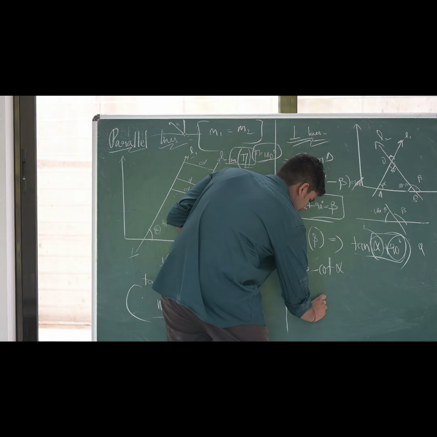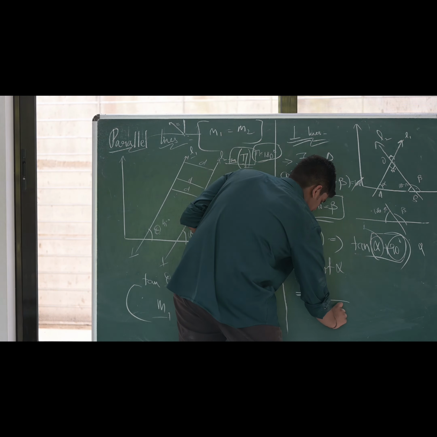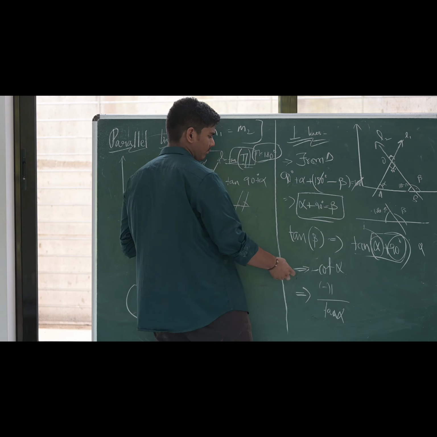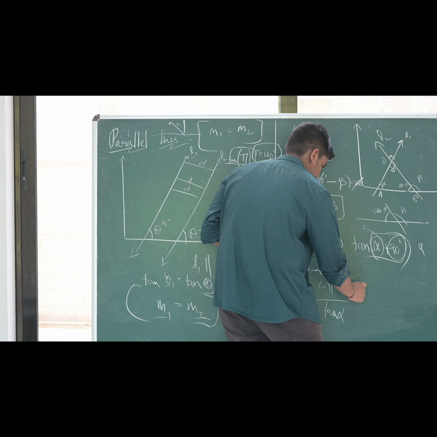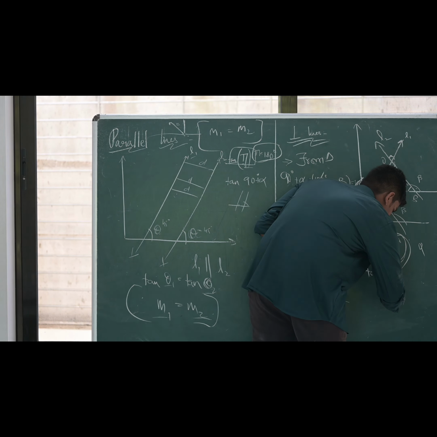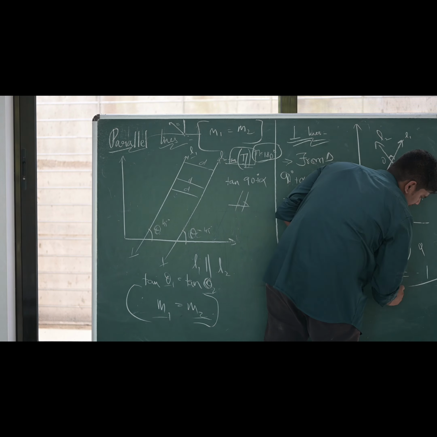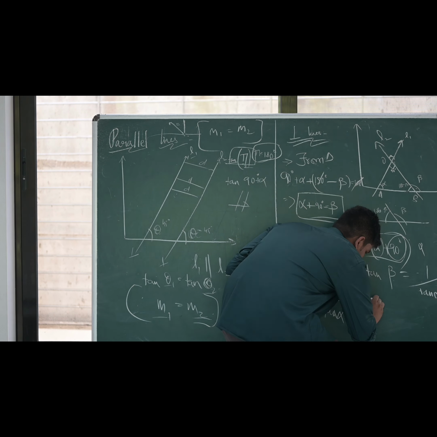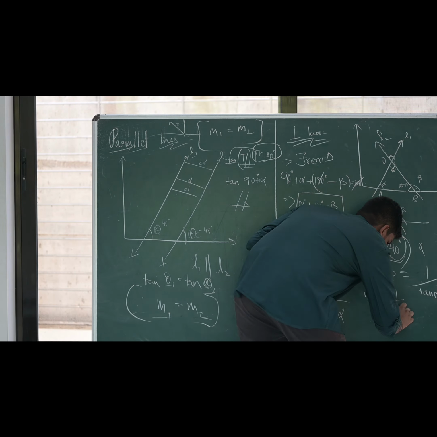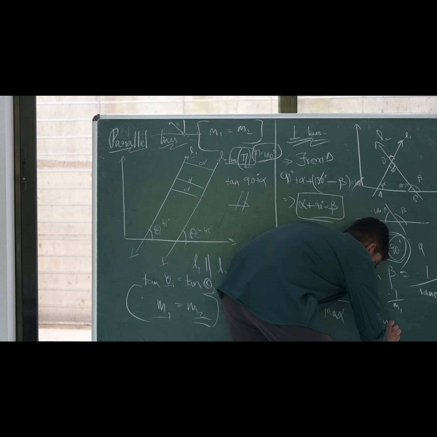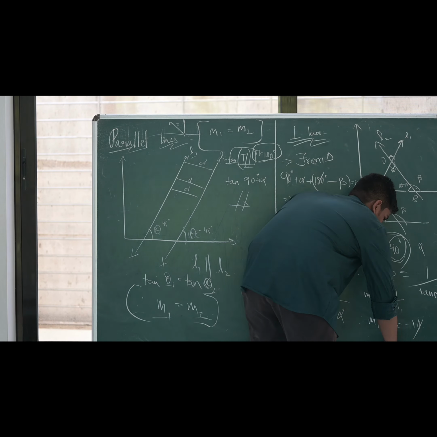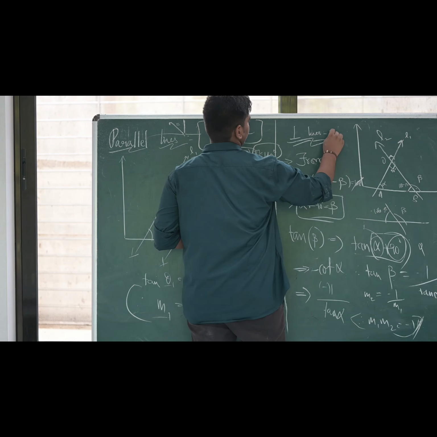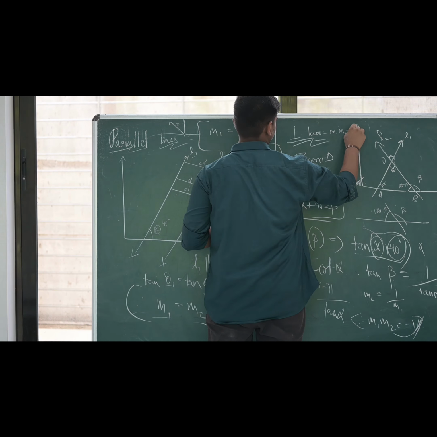And write cot alpha as 1 by tan alpha, and minus, so tan beta is equal to negative 1 by tan alpha. Tan beta is m2, so m2 is equal to negative 1 by m1, hence m1 m2 is equal to negative 1. So in the case of perpendicular lines, m1 m2 is equal to negative 1.